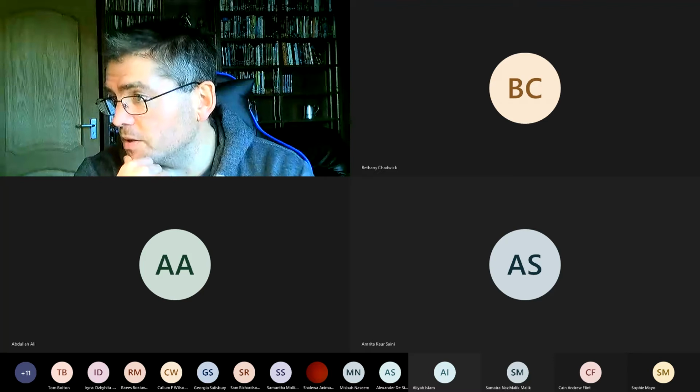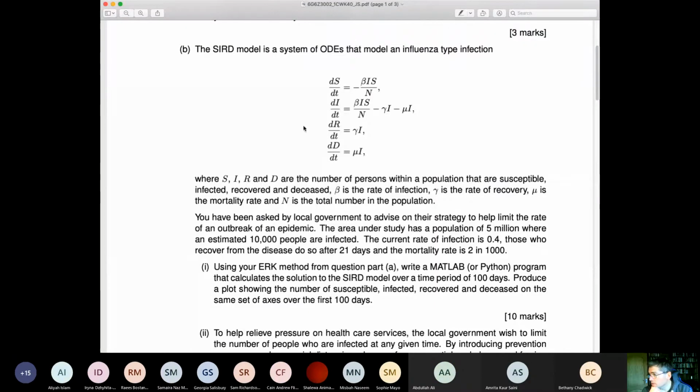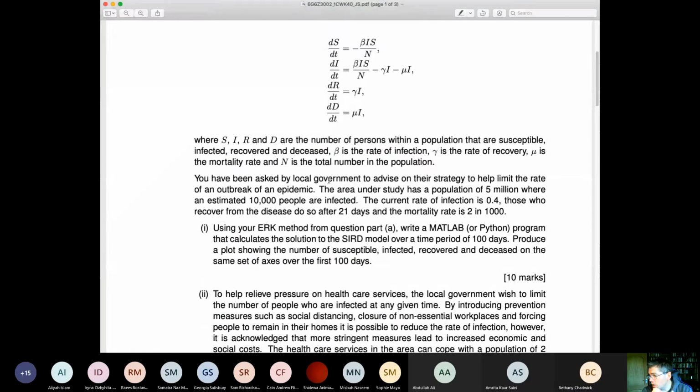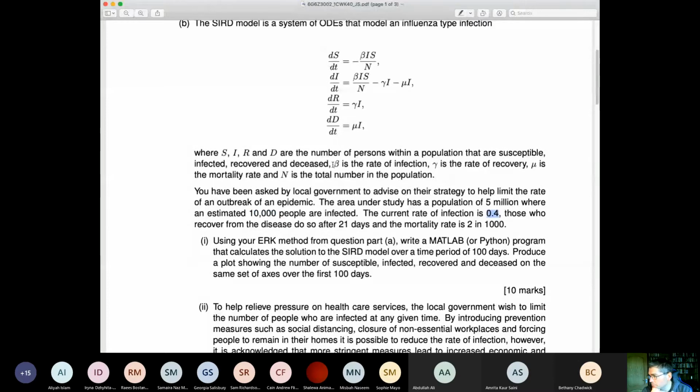In the assignment, if I just bring in the assignment again, you're given what the current state of the system is. There's a population of 5 million, so without giving the game away, you'll need to use something equal to 5 million. Initially, 10,000 people are infected, so in your y array, your initial infected will be 10,000. Current rate of infection is 0.4, and so beta is the rate of infection.